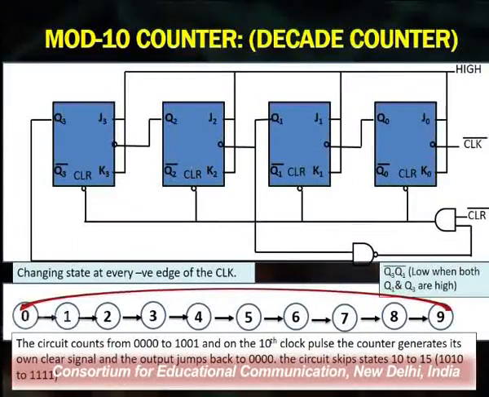Now, the output of that AND gate also goes 0, and hence it clears out all the contents of the flip-flops, and hence the next clock pulse, after the 9th clock pulse, we have the output as Q3, Q2, Q1, Q0 equal to 0, 0, 0, 0, and hence our counting stops.